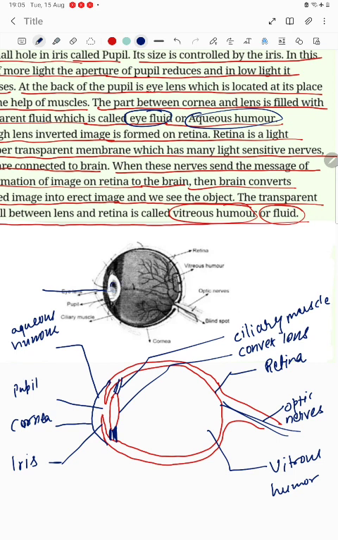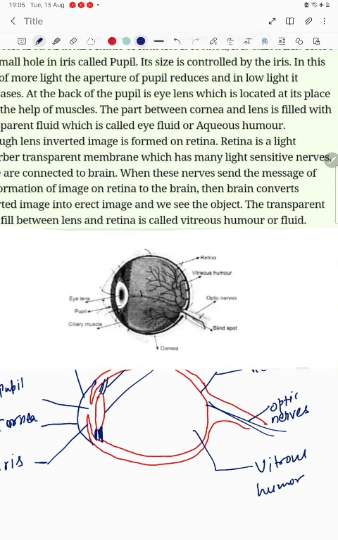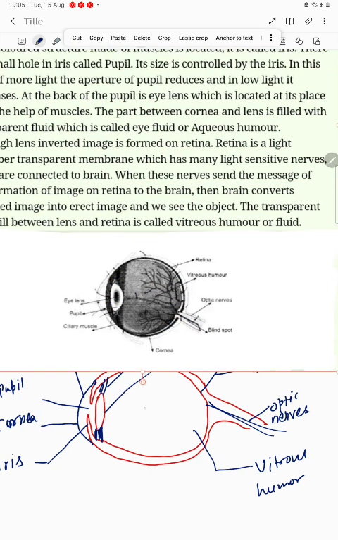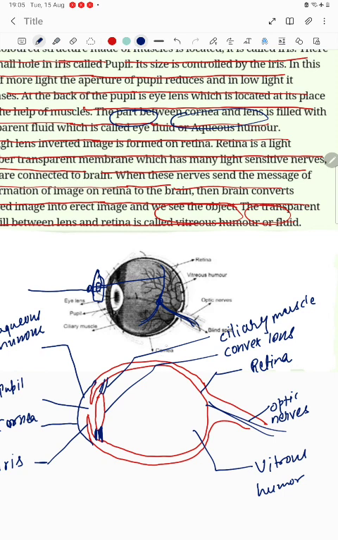Then through the pupil it enters and falls on the lens. The lens forms the inverted image on the retina, and the retina sends the electrical signal to the brain, and we understand the image.